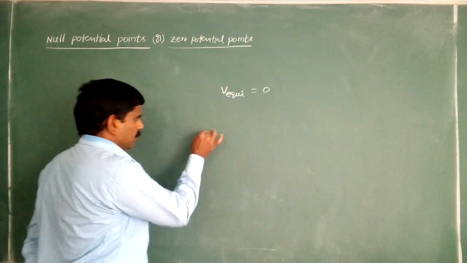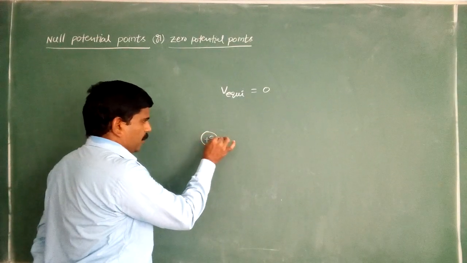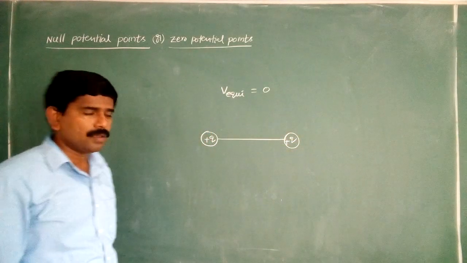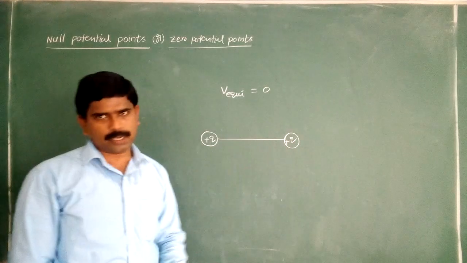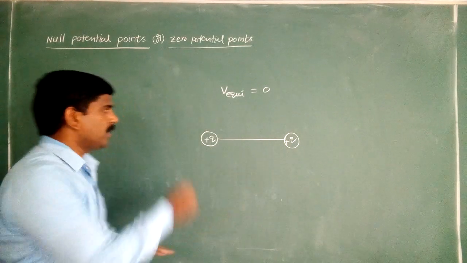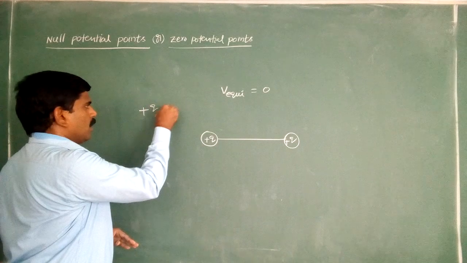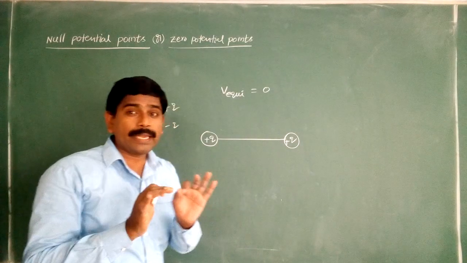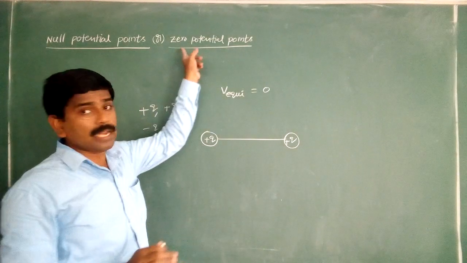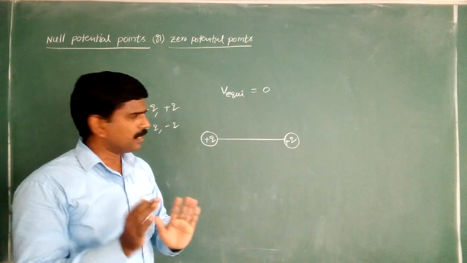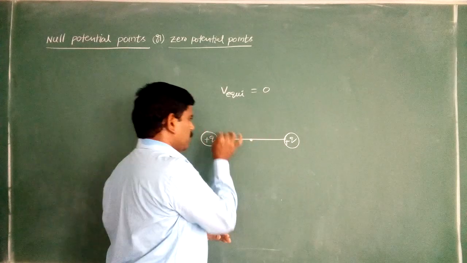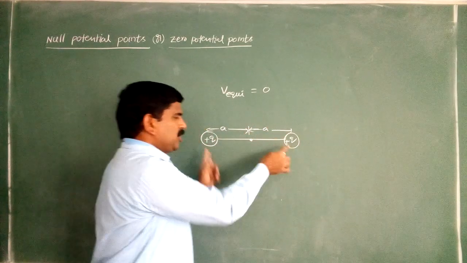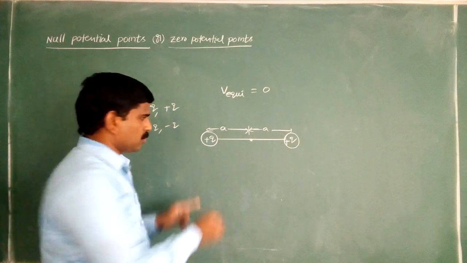So here observe, we are considering this is the positive charge and this is also positive charge. When both are like charges, either both positive or both negative, in that situation we never get a null potential or zero potential point. Observe at this position, at the midpoint, what is the potential due to these two charges?